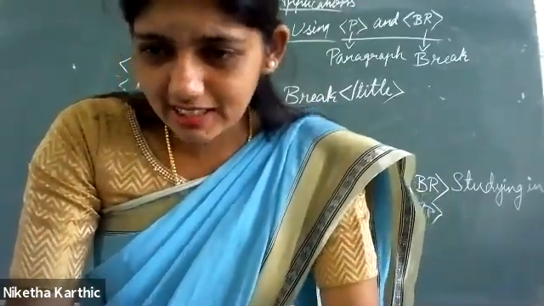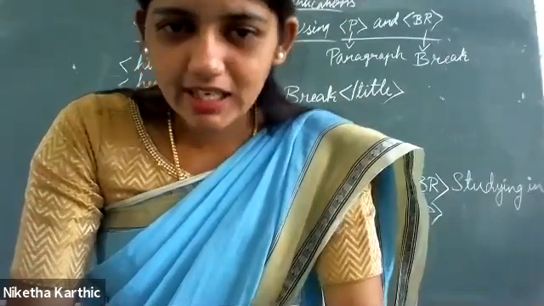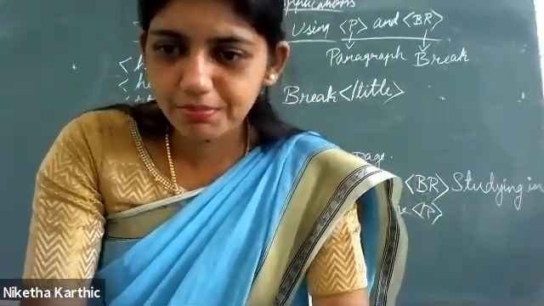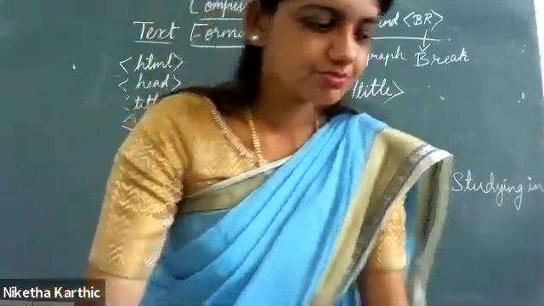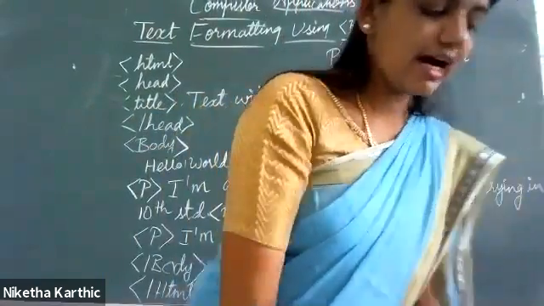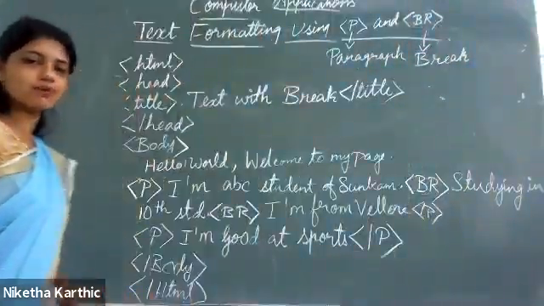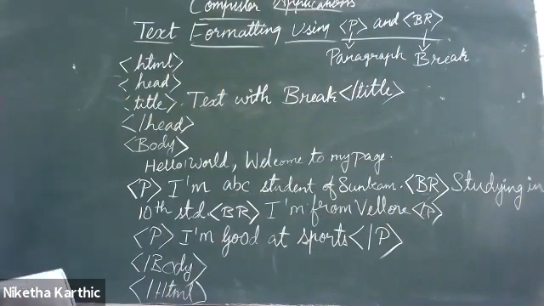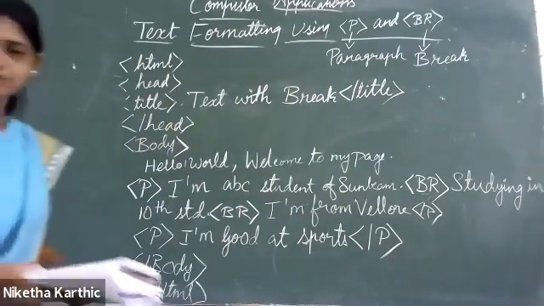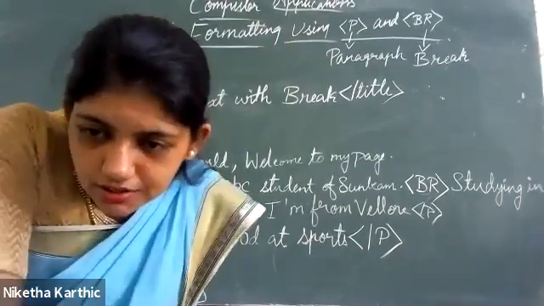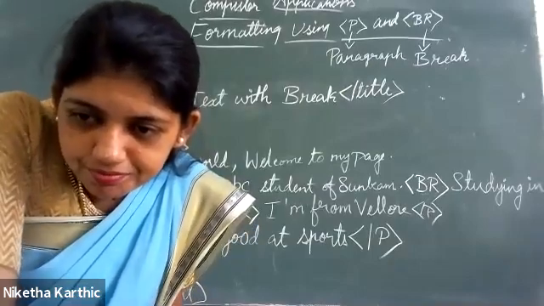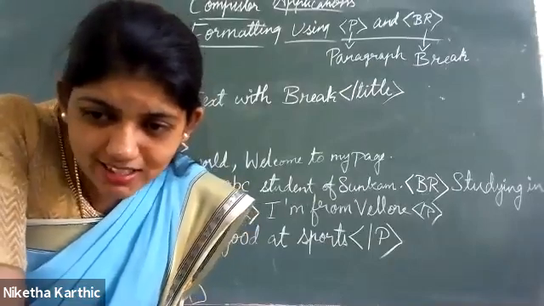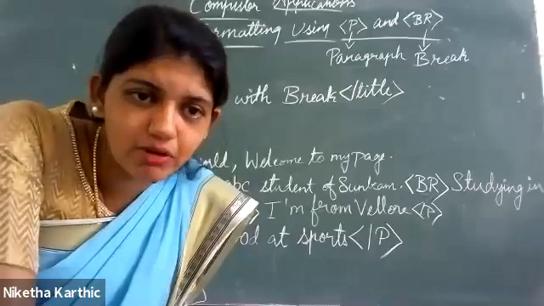No, it's not case sensitive. It can be anything. It can be either capital P or small p. It's not an issue. Got it? And I'll show you how the output will be. No, it is not necessary that BR and P should be only in capital.